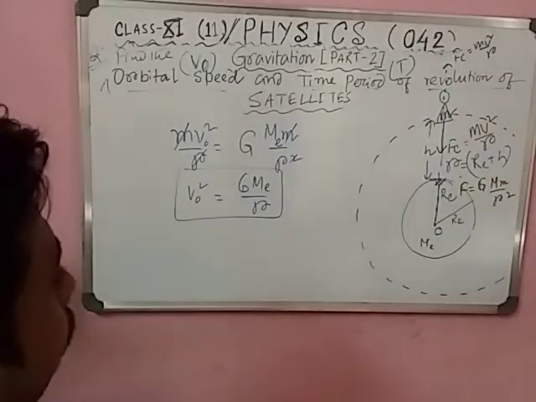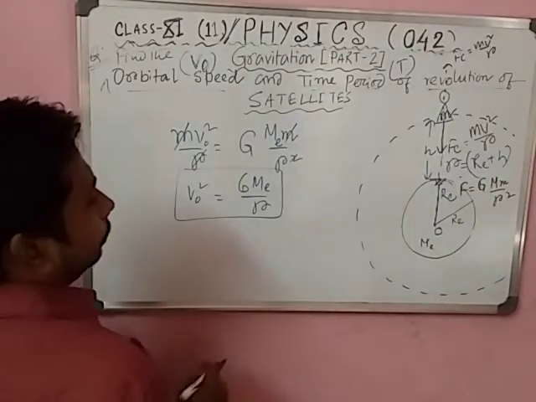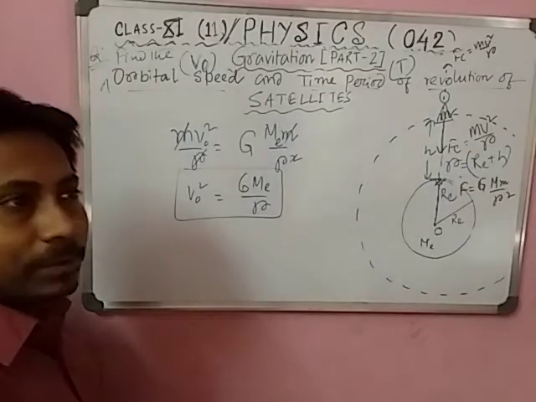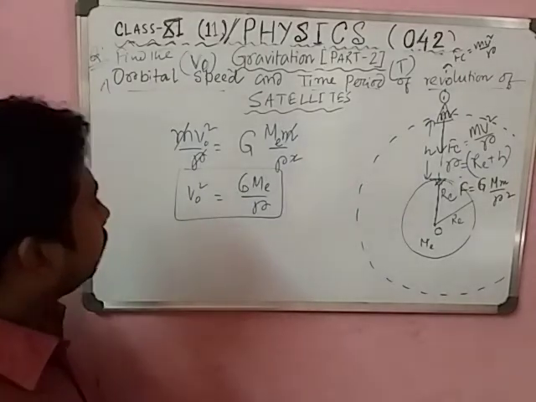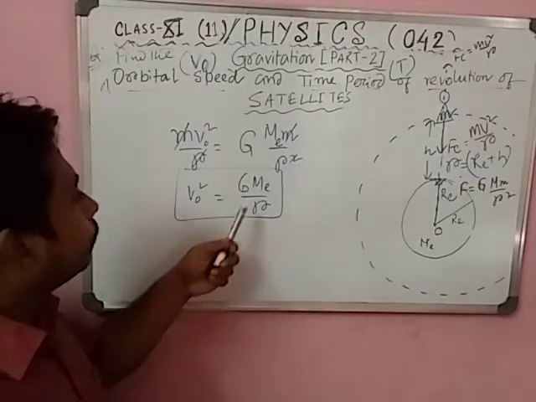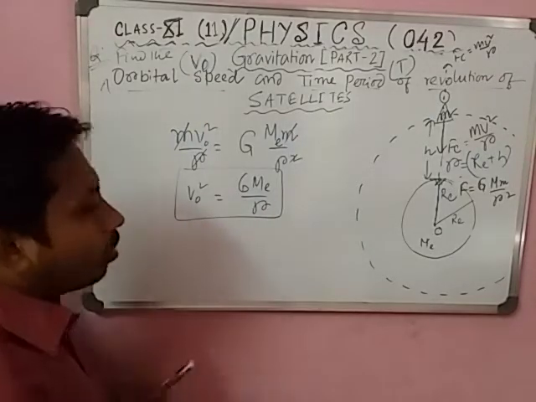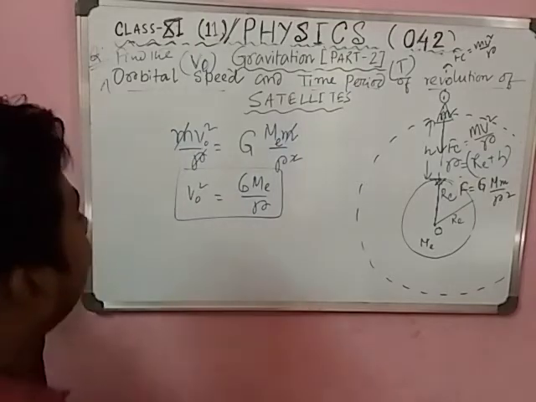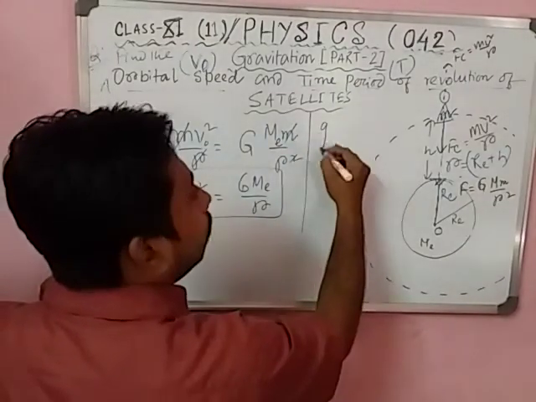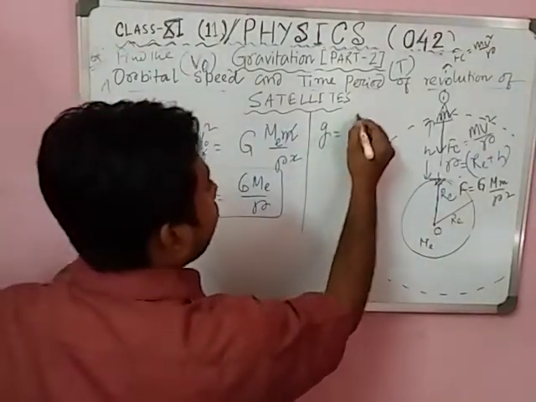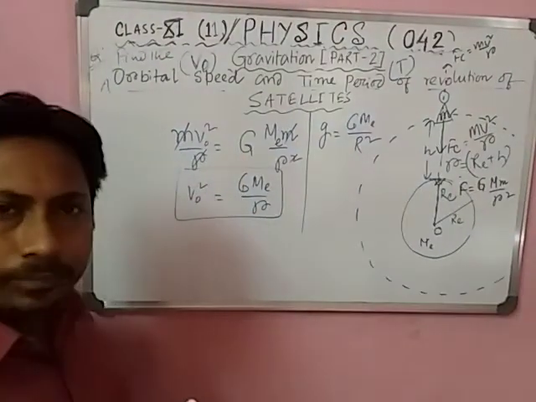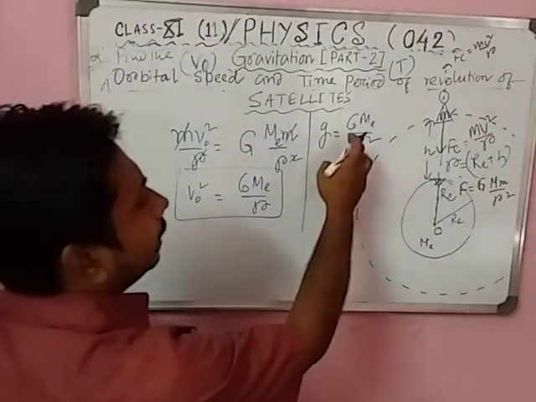Now if you put the value of r and the mass of earth, you will get the orbital speed. But to simplify it, we can use this relation: small g equals capital G Me by Re square, where Re is the radius of the earth.